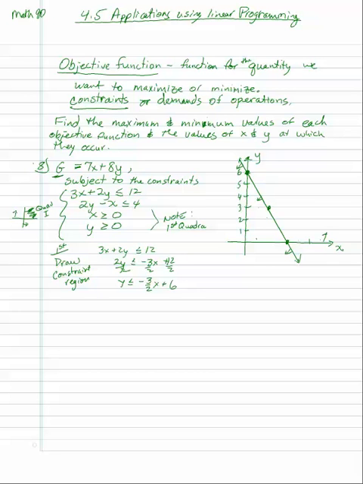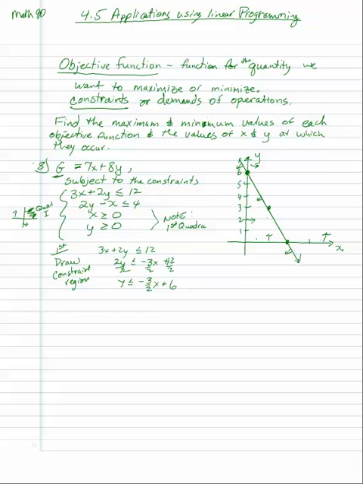And remember, we already established where x is greater than 0 is that way, and y is greater than 0 is going up. Remember, the x-axis is y equals 0, the y-axis is x equals 0. So those two together give me quadrant 1. So far I'd be inside that triangle.